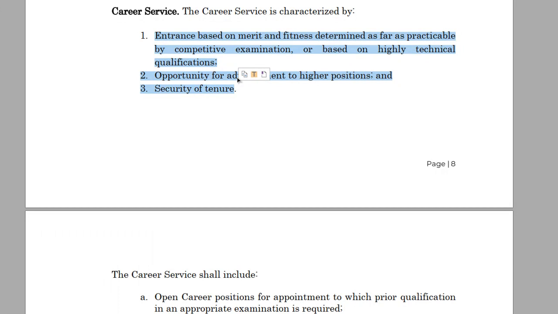These are people who work for the government that have been employed based on merit and fitness. Ibig sabihin, naging qualified ka, na meet mo ang minimum qualification ng Civil Service Commission. Okay? So, nag-undergo ka ng competitive examinations, nag-undergo ka ng interview, and etc. para ma-employ ka sa certain position na iyon.